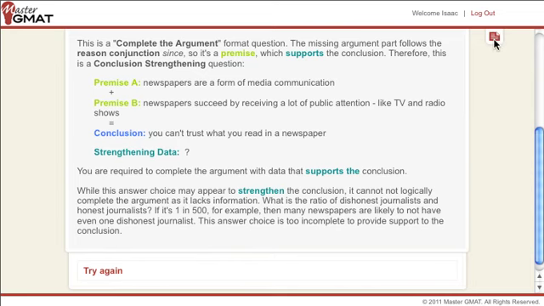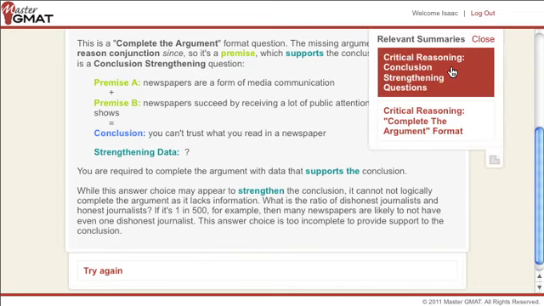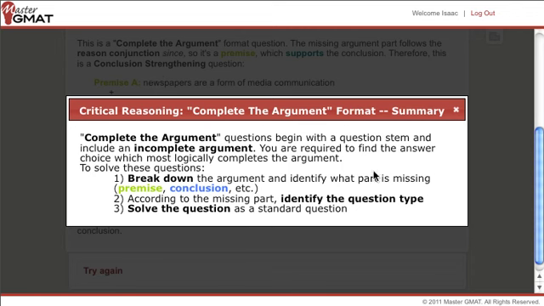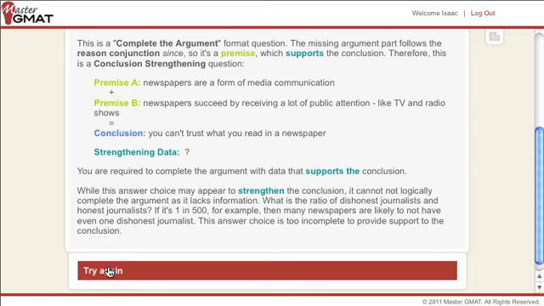And if you're still confused, you can actually go over the lesson of conclusion strengthening questions and the complete the argument format. Pretty cool. So these are lessons that our students have already learned. You click on it and it gives you exactly the little summary that you need, right? You can go back like that, and of course you get to try again, another cool feature.